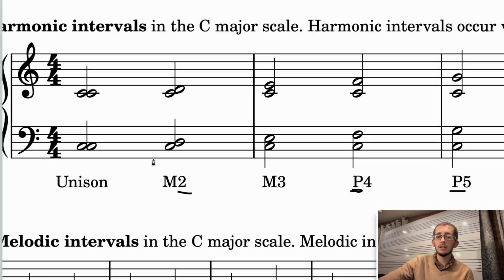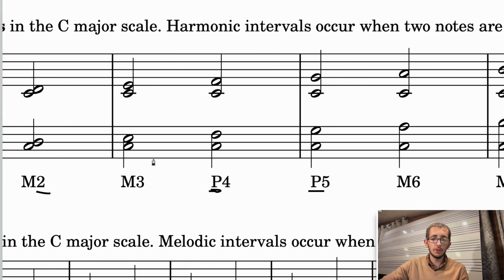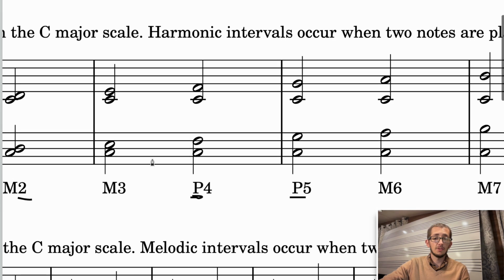C to E is a third, and because it is a third that we find in a major scale, we call it a major third. And then moving on to C to F, we don't call that a major fourth. We actually call it a perfect fourth.